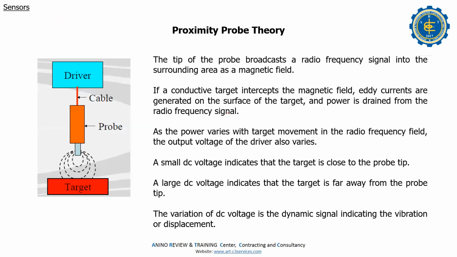So the proximity probe theory: this is the target, this is the metal, this is the axial. There's a distance for this one, the standard voltage gap.